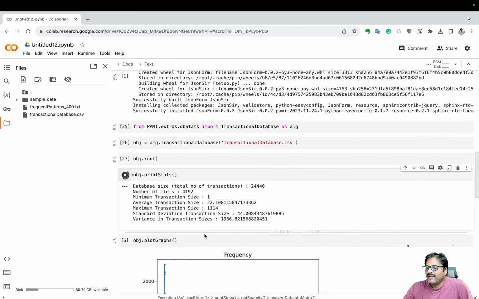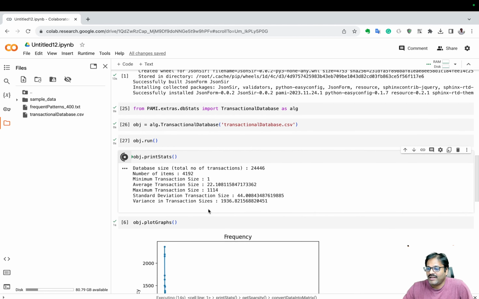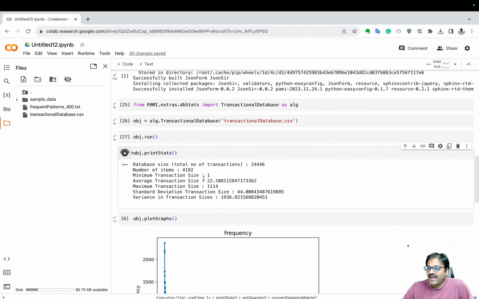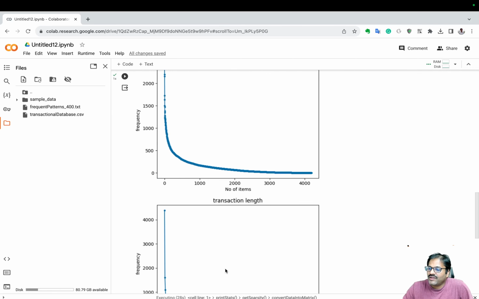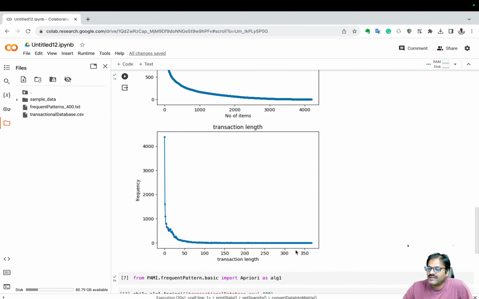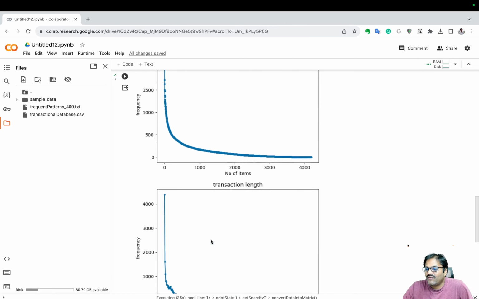You can see that this transactional database contains a very large transaction with 1114 items. So very long transactions and very short transactions also exist. Then we can also plot the distribution of item frequencies and their transaction length to see the characteristics of our data.